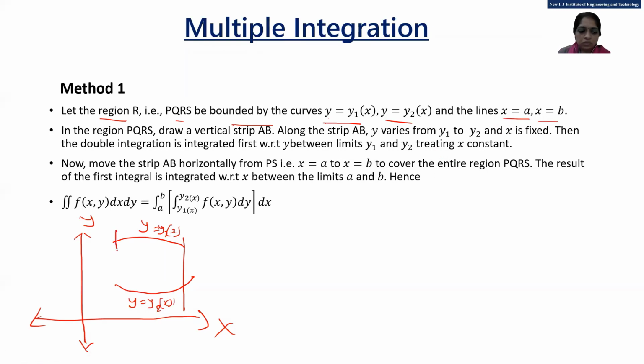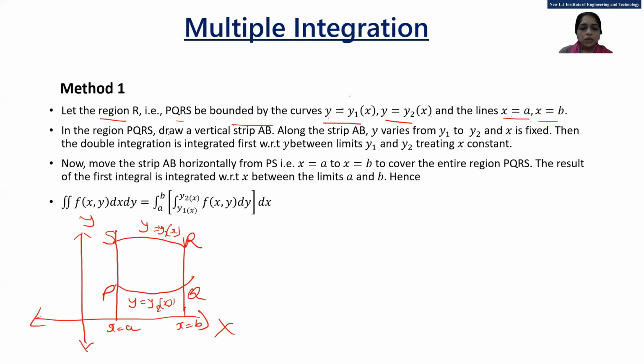So this is the area which is bounded by these two curves and these two lines, x equal to a and b. This point is P, Q, R, S, right?